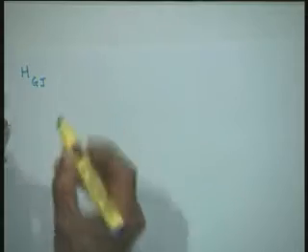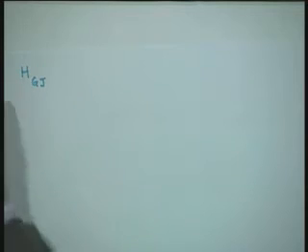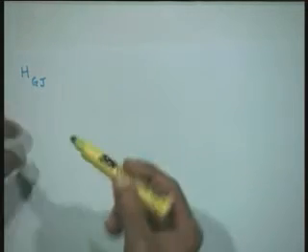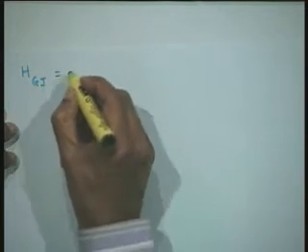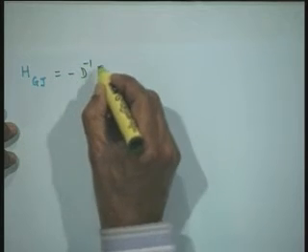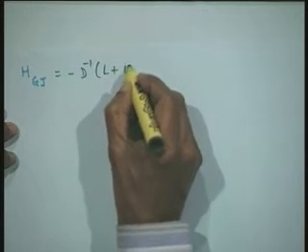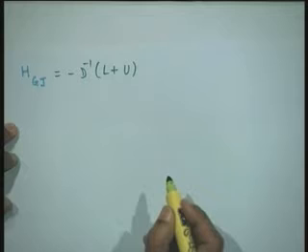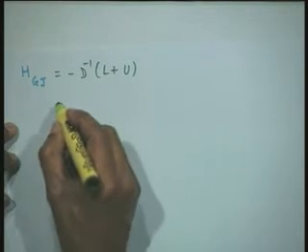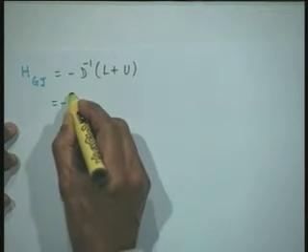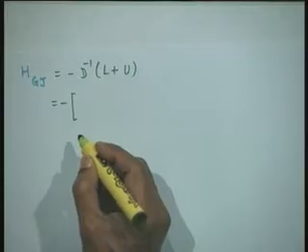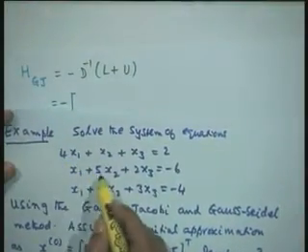Now, I need the iteration matrix for this. So, we have written the iteration matrix, maybe I will take a different color, as minus D inverse of L plus U. Therefore, minus the diagonal part, which is 4 5 3.